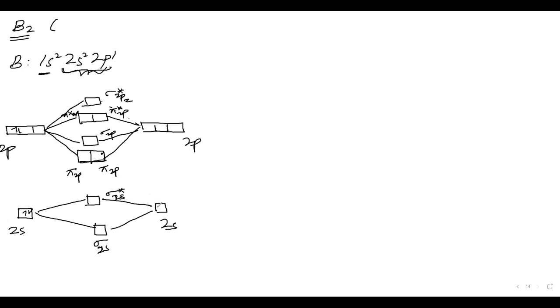And now for here also 1, 2, 3. How many total electrons? 1, 2, 3, 4, 5, 6. Total electrons is equal to 6. Now start filling: 1, 2, 3, 4, 5, 6.